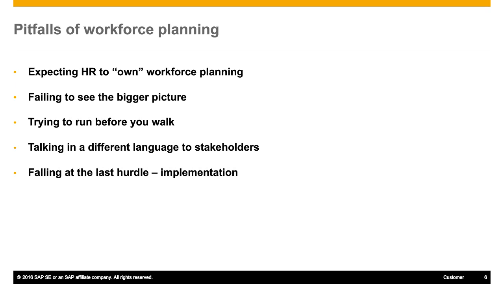First, oftentimes we expect HR to own workforce planning, but division managers are responsible for the success or failure of their strategic plans, and the human capital requirements of the strategy are no less a part of their responsibility than financial, technical, or operational tasks. Now, HR does play a critical role, but it's more one of stewardship.